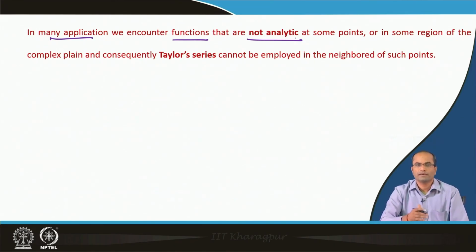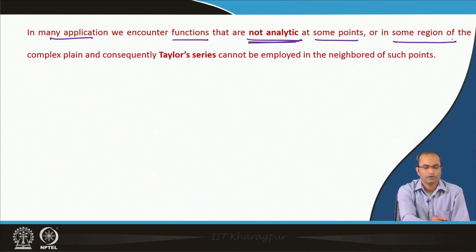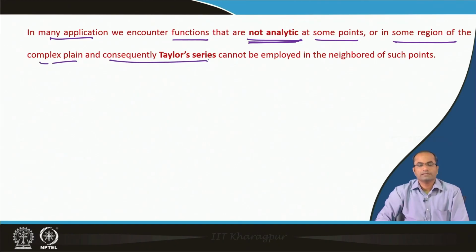If they are analytic, we can represent them by the Taylor series, but if the function is not analytic at some points or in some region of the complex plane, then the Taylor series cannot be written in the neighborhood of such points.